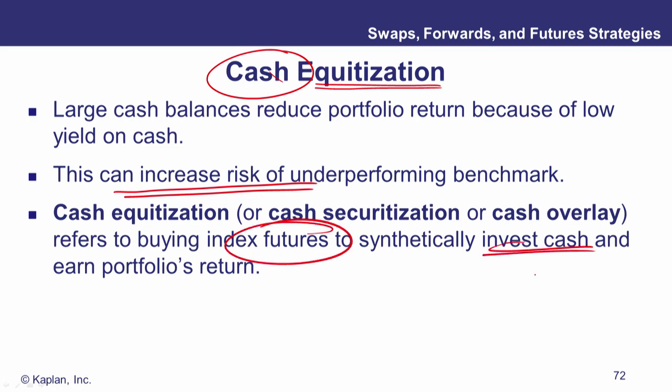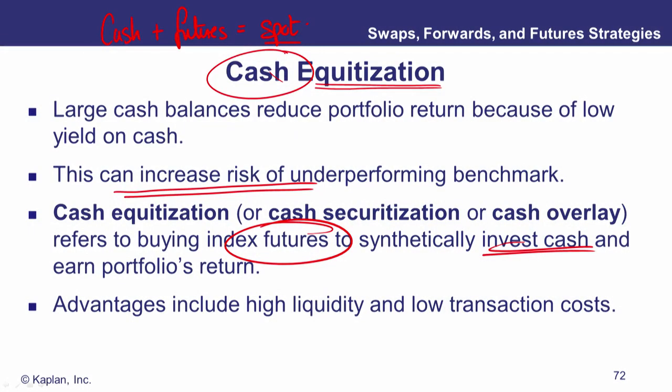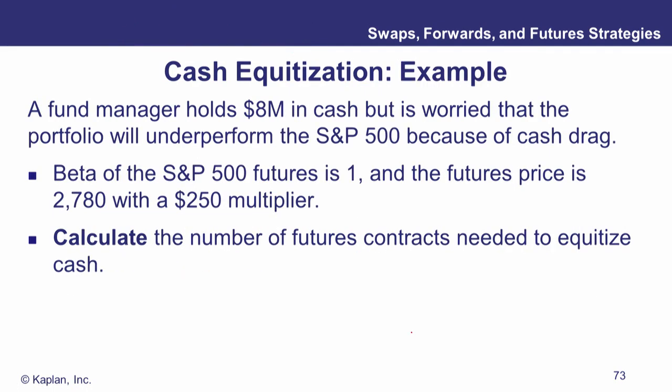The very basic idea is that cash plus a long futures position synthesizes an underlying spot position. The cash gives you back the cost of financing that you have to pay through a futures position and leaves you back at a spot position if we ignore any other costs or benefits of carrying. So the advantages of doing it this way are costs and liquidity that you might find in futures markets that you don't find in the underlying market.